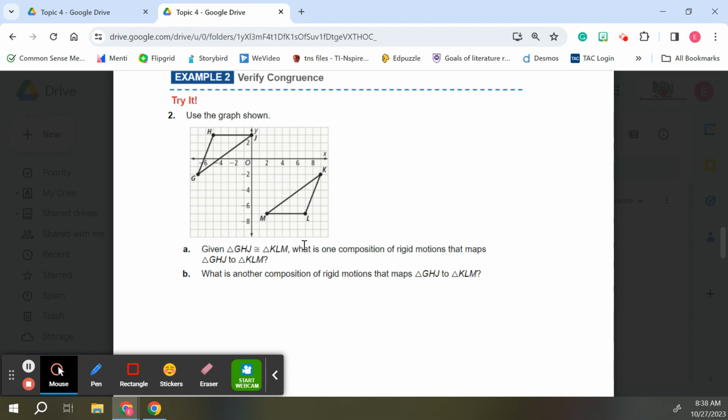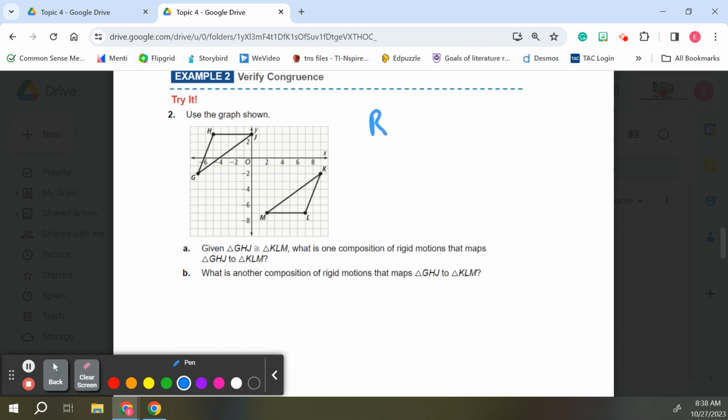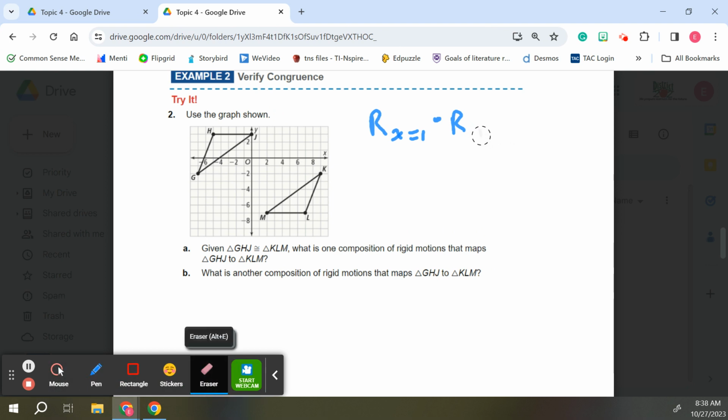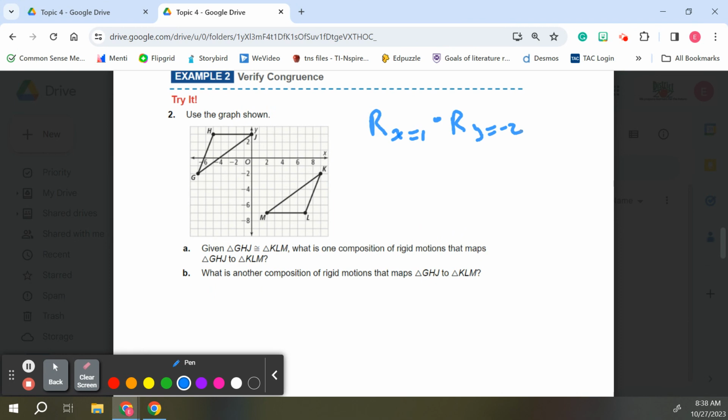Okay, so here's one that I got. This is just one of them. You can do a reflection about x equals 1 after you do a reflection about y equals -2. I wish this thing would stop jumping all over the place. So does this work? I don't know. Let's see. So here's y equals -2. If I plotted this, this would be g prime.